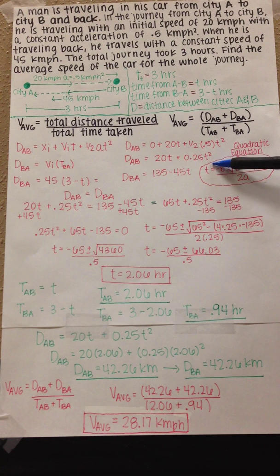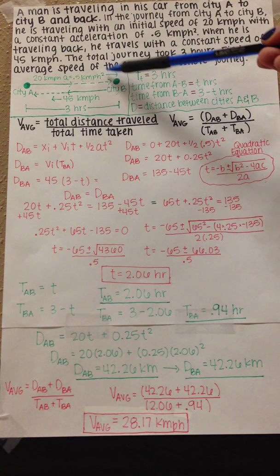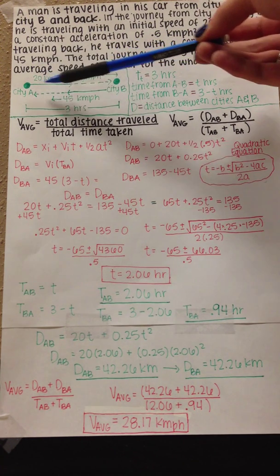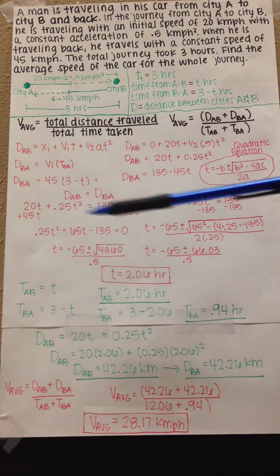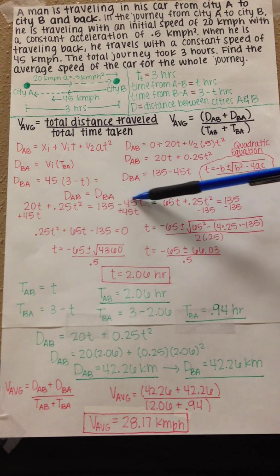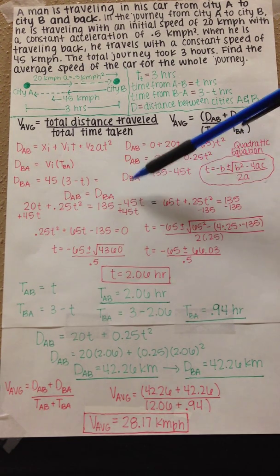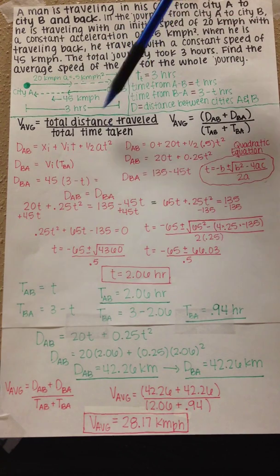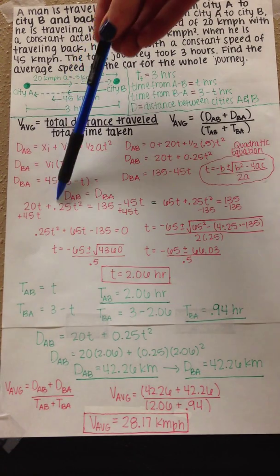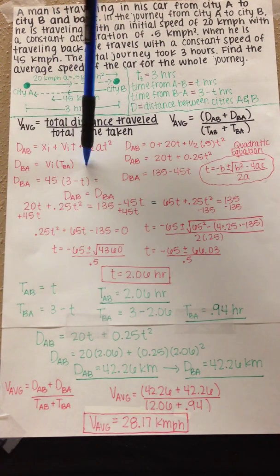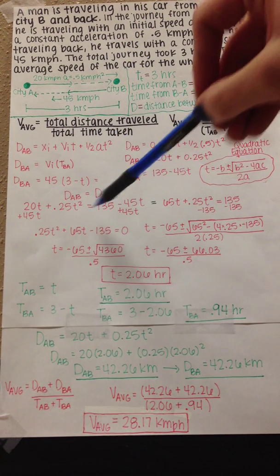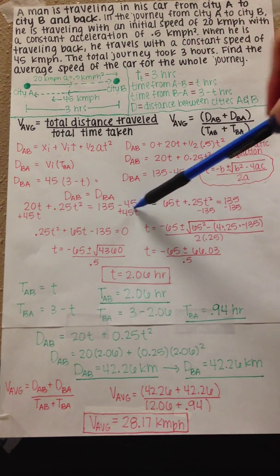So now we know that to find the distance between cities A and B, you have to find t. Since the distance from A to B and B to A are the same, they're equal, you can set the distance from A to B equal to the distance from B to A. After you set it all up, you get 20t plus 0.25t squared equals 135 minus 45t.